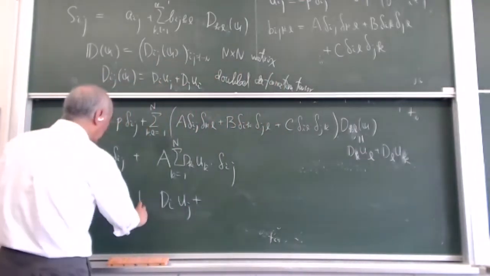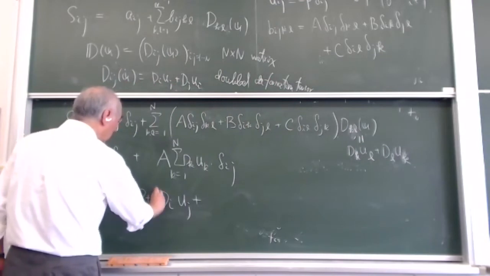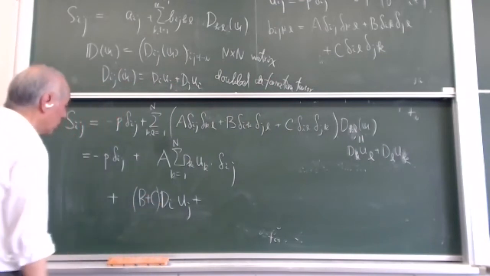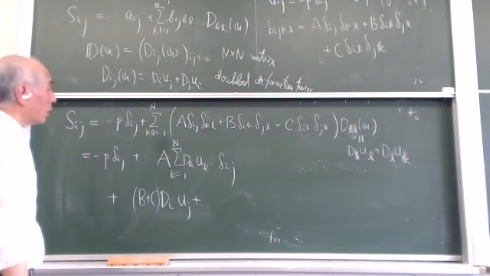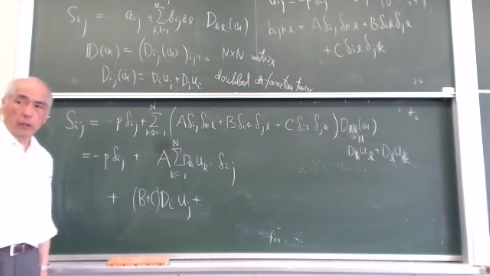So equal to B plus C. Yeah, is this correct? Okay, so this is Sij.